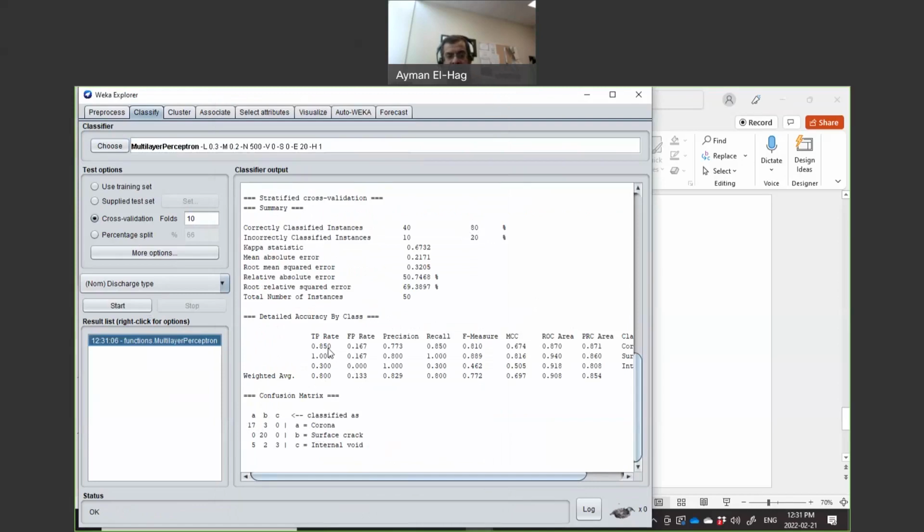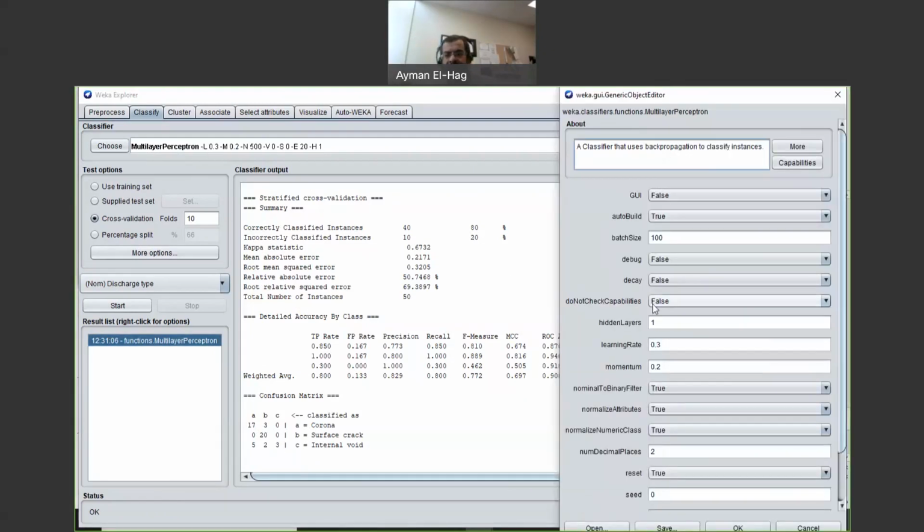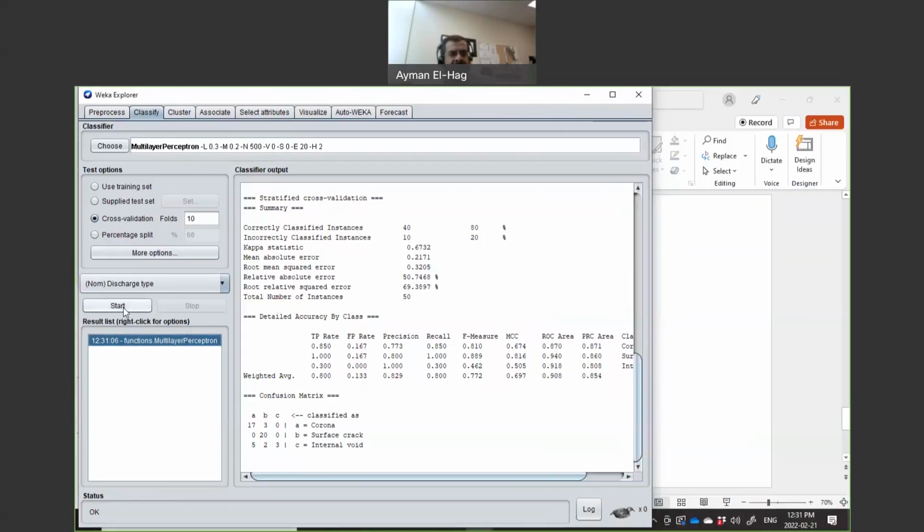Corona is 85% and the surface crack is 100%, but the internal void is 30%, very, very low, because the whole number of data points is small, especially for the last class. If we come here and change this to 2, and start, we get 84%, and now we see much better results for the internal void. We get 70% and a bit of reduction for the other 2 classes, the corona and the surface crack.